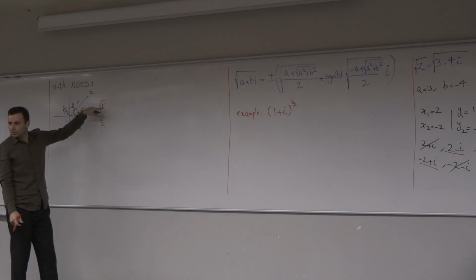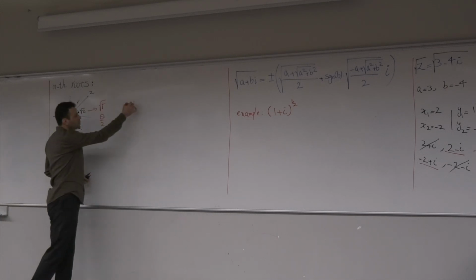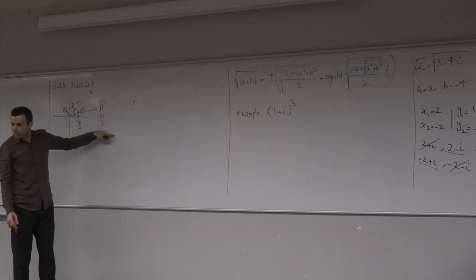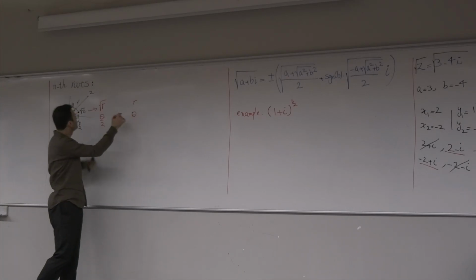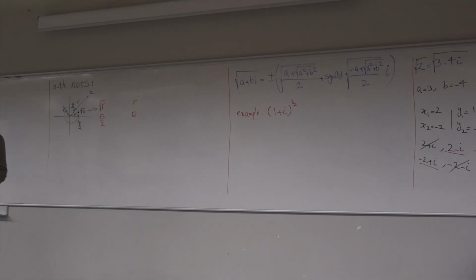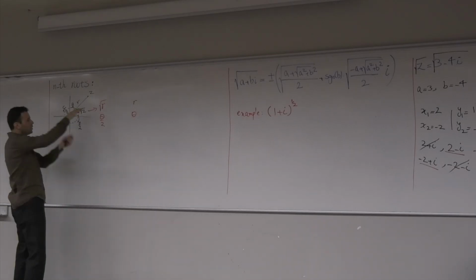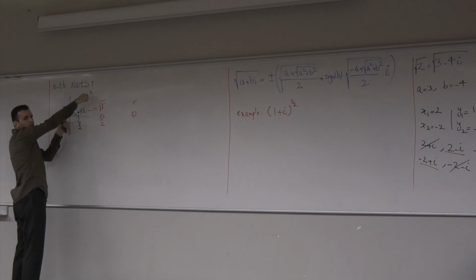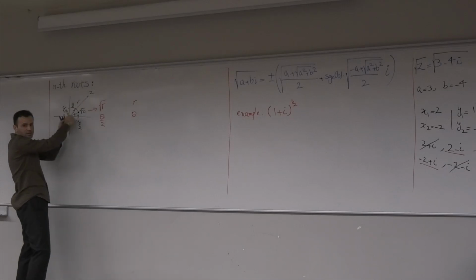Square root of r multiplied by square root of r, which is going to be r. Theta divided by 2 plus theta divided by 2 is going to be theta, which is the distance and argument of this number. Okay? So you see geometrically what it means? It means that you just need to take half of the angle and also take the square root of this distance.